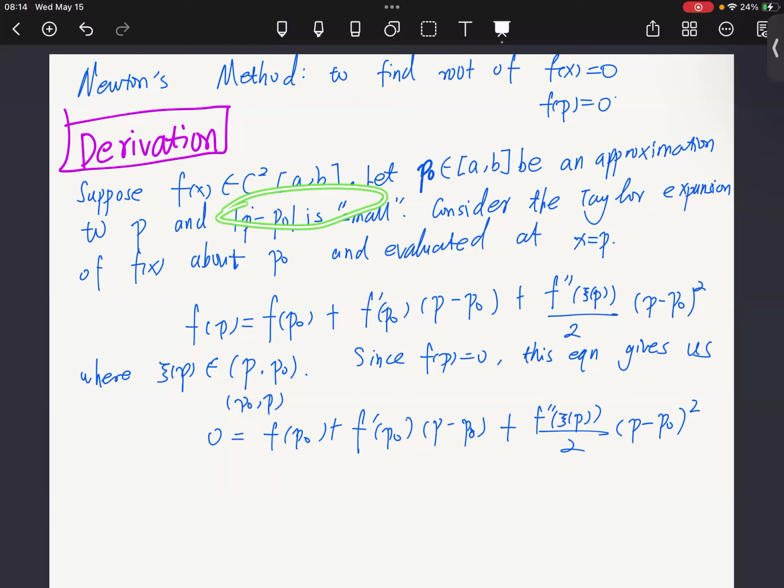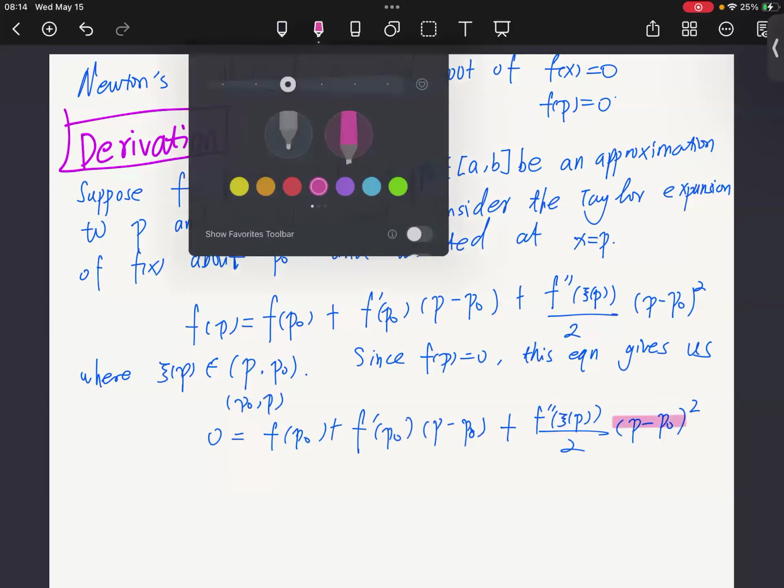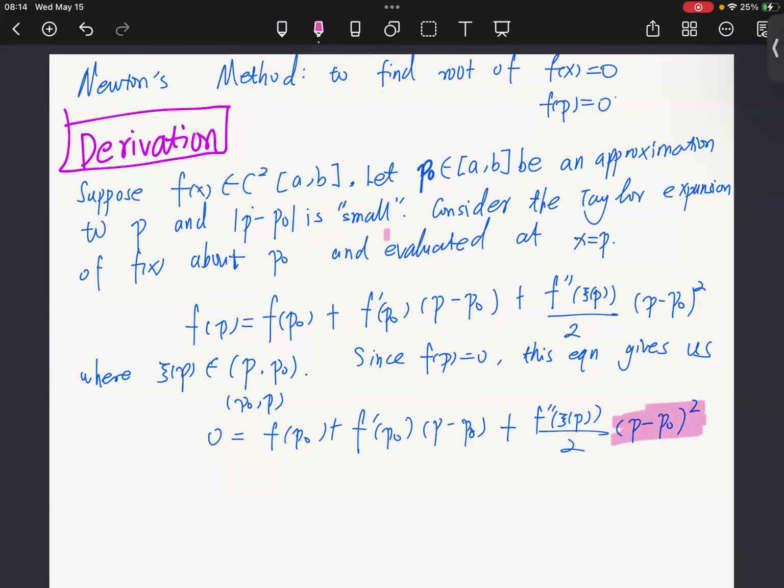Sorry, excuse me. And so we are going to ignore the higher order term here. We are going to ignore this second order term because we assume that p minus p0 is small enough.